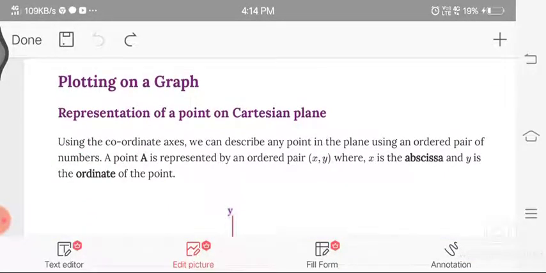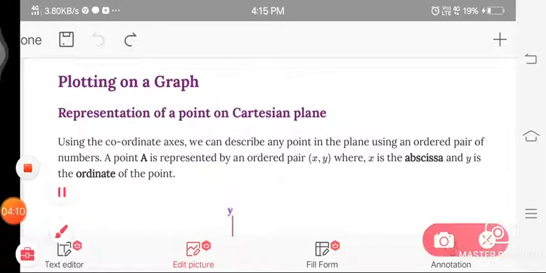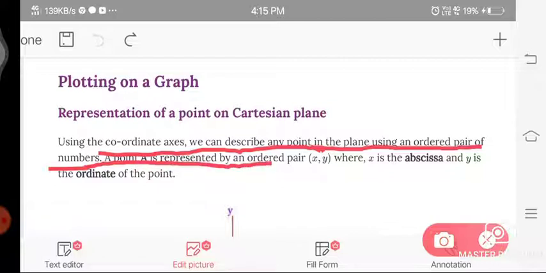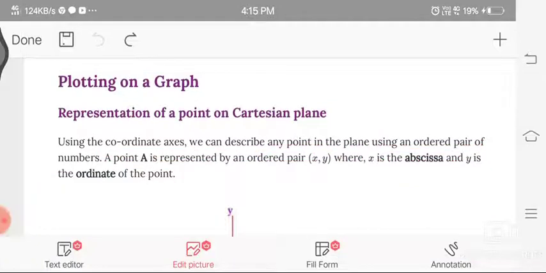Plotting on a graph. How can we represent a point on a Cartesian plane? We can represent a point using the coordinate axes. We can describe any point in the plane using an ordered pair of numbers. A point A is represented by an ordered pair (x, y), where x is the abscissa and y is the ordinate of the point.